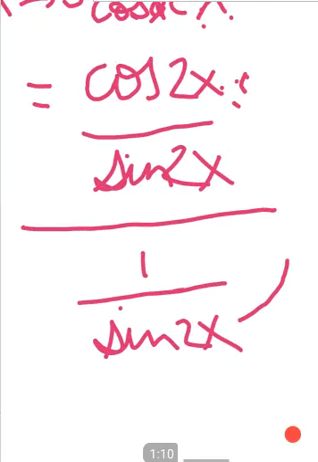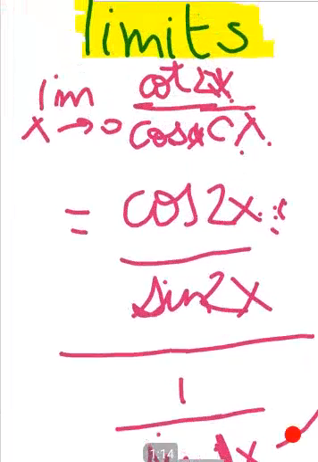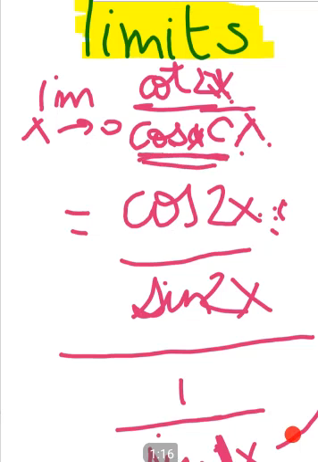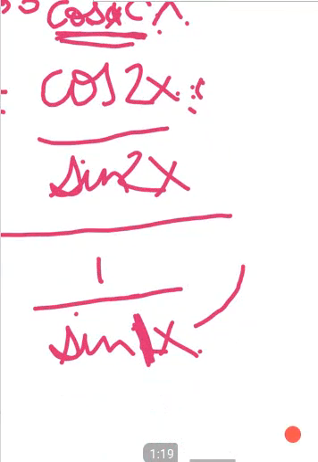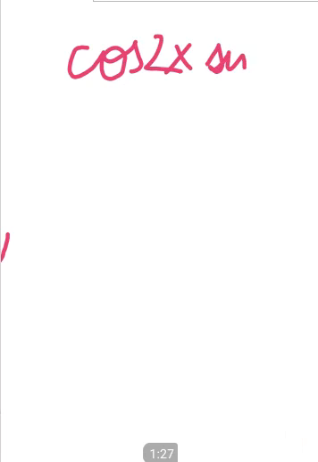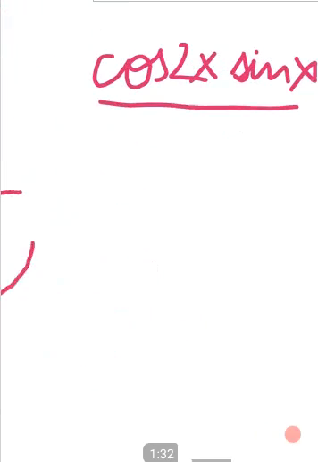This becomes cosine 2x times sine x, over sine of 2x.